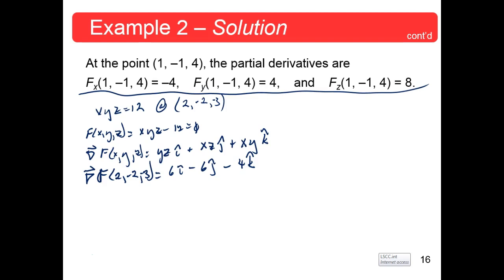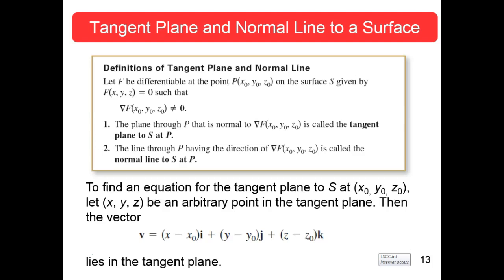Now, we're not finding the tangent plane. We're looking for the set of symmetric equations for the normal line to the surface. Okay? Now, let's again go back here. The line through P having the direction of del F is called the normal line to S at P. So having the direction of that means we're going to have those same coefficients.